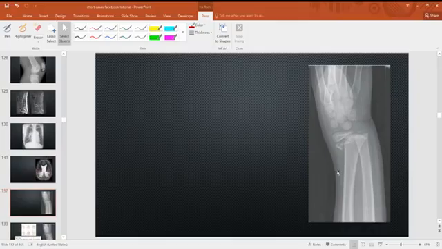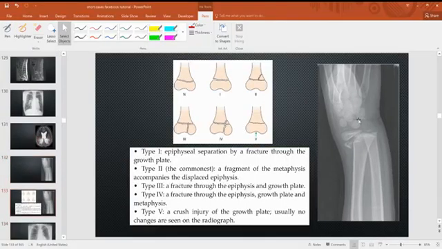As we see here in this patient, the epiphysis is this one. It is displaced, and you have a metaphyseal fracture also, and this is the classic type 2.